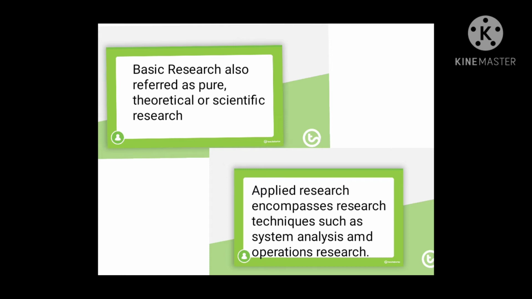Theoretical research is driven by pure curiosity, and scientific research is concerned with elucidating concepts. On the other hand, applied research encompasses research techniques such as system analysis and operations research. Applied research emphasizes the solving of specific problems in real-life situations.